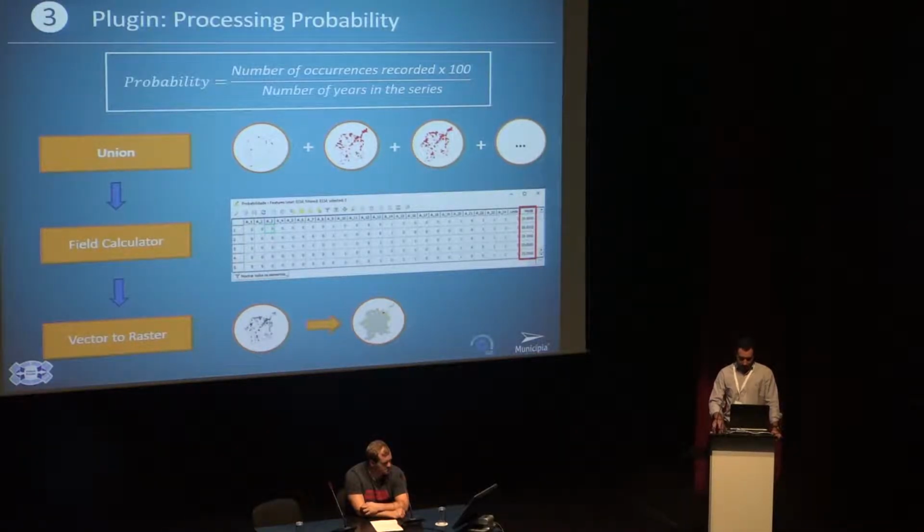About probability, what the plugin does is a union of all polygons of burnt areas with the union tool, then creates a Boolean matrix with all the years of the series, where 1 corresponds to the areas that burned and 0 corresponds to areas that never burned.